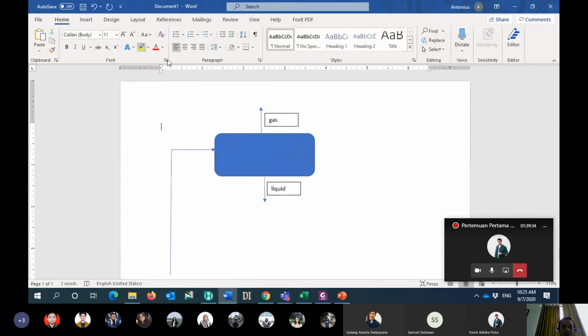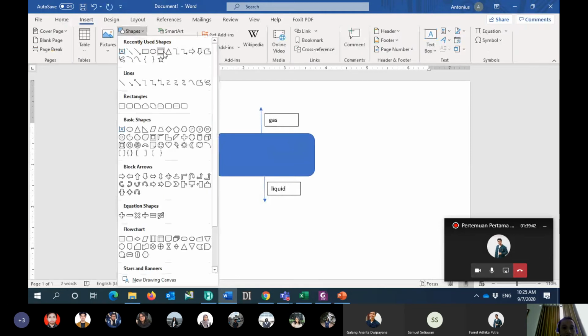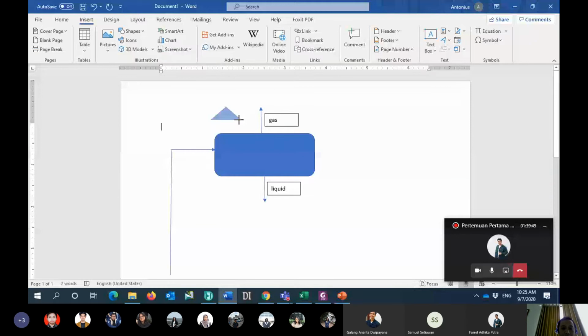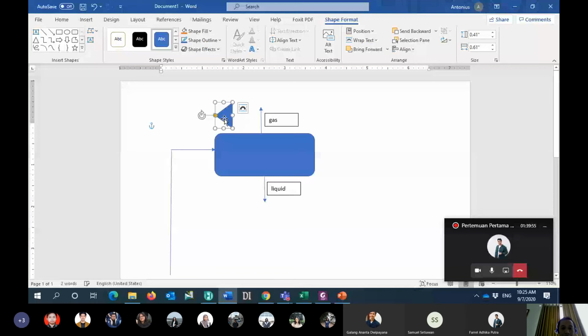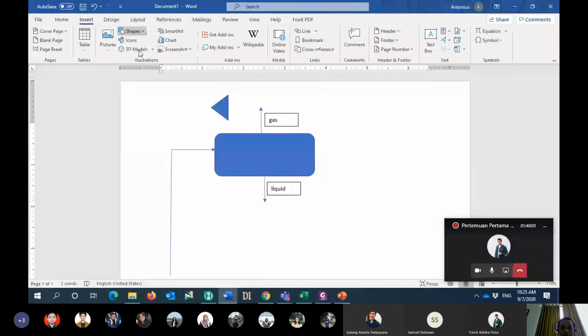And then, in this case, you put a compressor. There is no symbol of a compressor, so I just use this symbol. Say this one is a compressor unit. The gas that comes here, I connect with the compressor, and this compressor will increase the pressure.